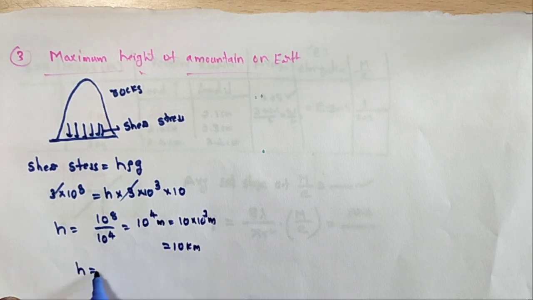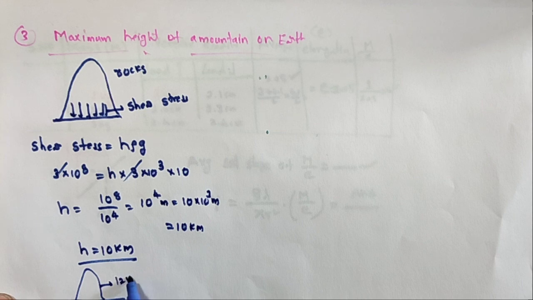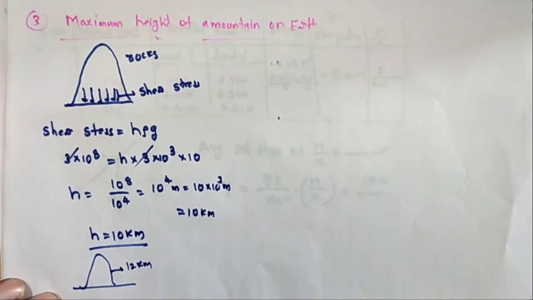So what is the maximum height of the rock? It is only 10 kilometers. Suppose the mountain is 12 kilometers in height. What happens? The shearing stress acting at the bottom is more. Therefore these rocks collapse, freely falling on the earth.